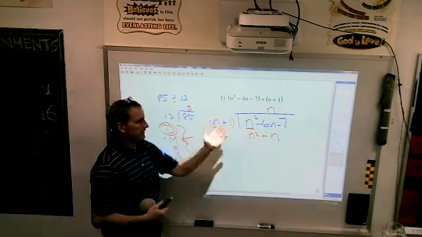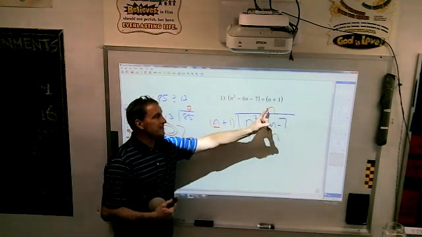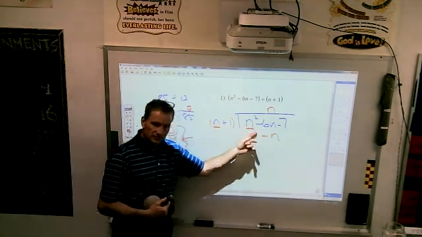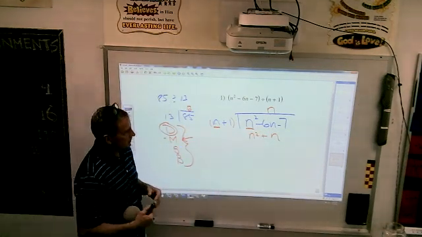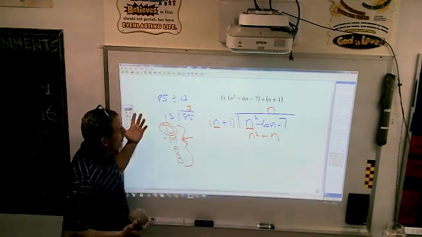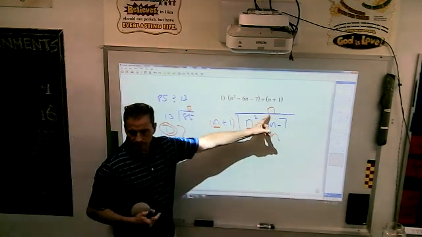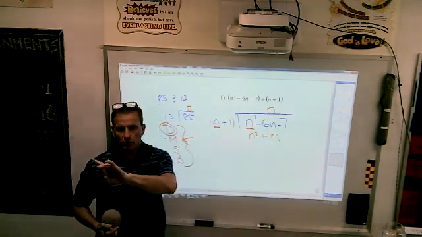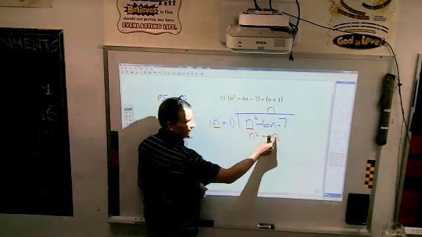I did my dividing. That's where the n came from. I multiplied this n times this and got this, just like a normal division. Where did the n come from?